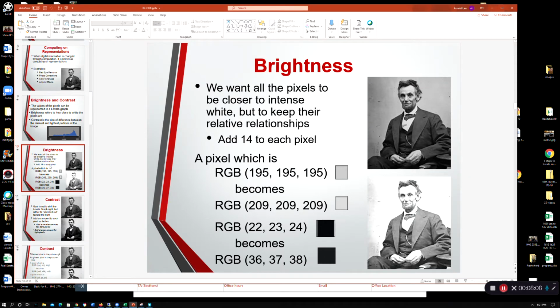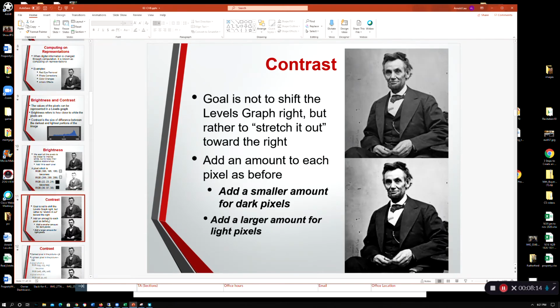Maybe you want it brighter, maybe you want it darker, whichever way. You're basically going across the board and you're shifting everything. Contrast is basically how you look at the difference between the light and the dark, right? And you could be increasing or decreasing the difference between that, right? So these two things in bold right here are important to understand.